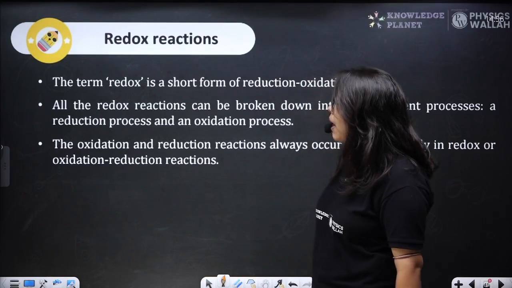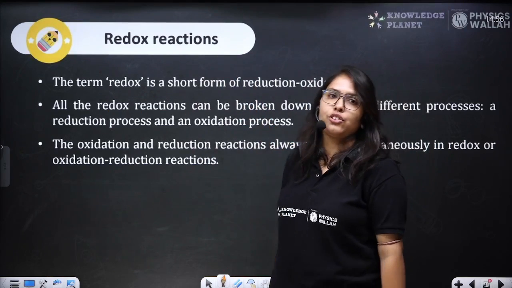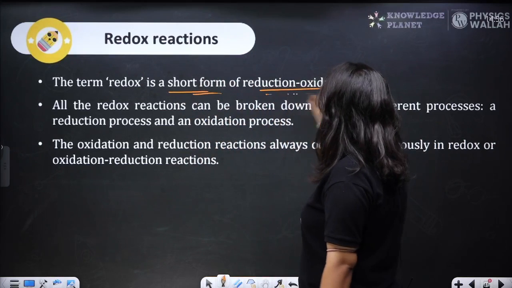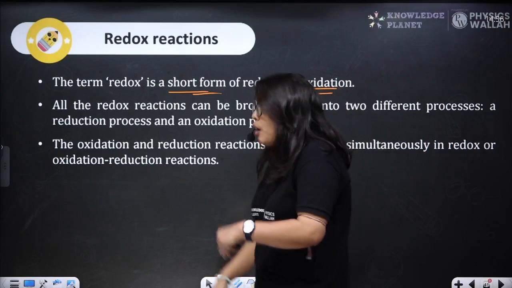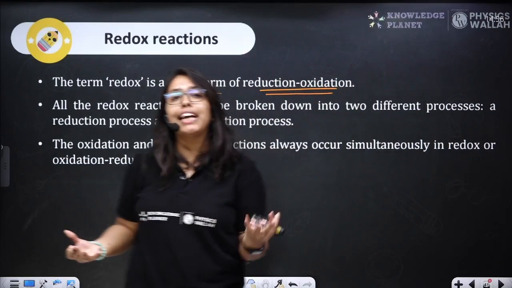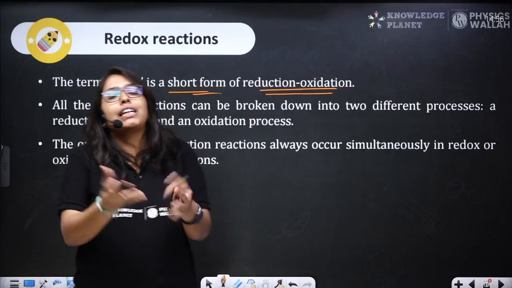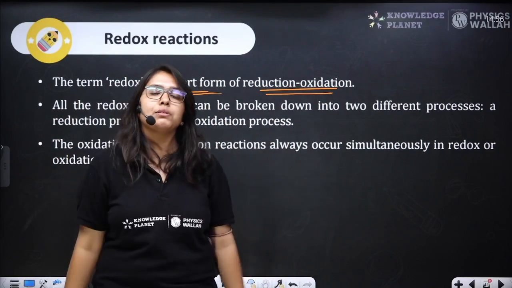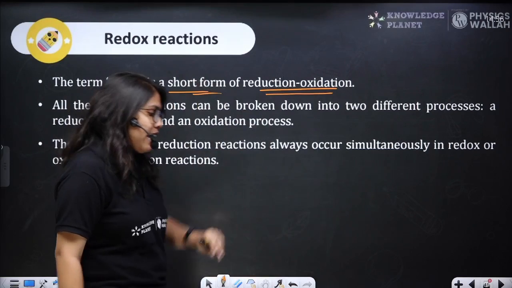Now talking about redox reaction. Redox reaction is the short form of reduction oxidation reaction. That is, both reduction and oxidation are going to take place simultaneously. Thereby, we classify them into one class, which is nothing but redox reaction.